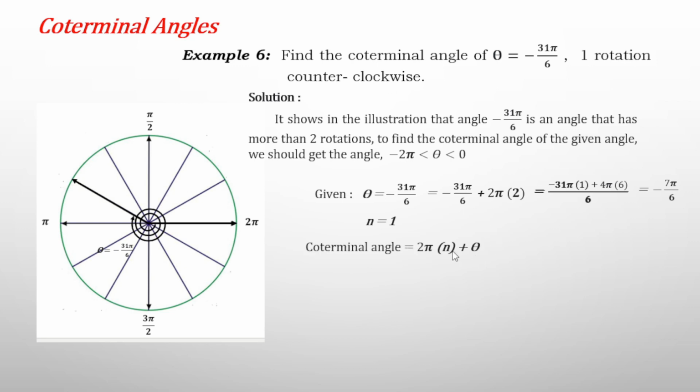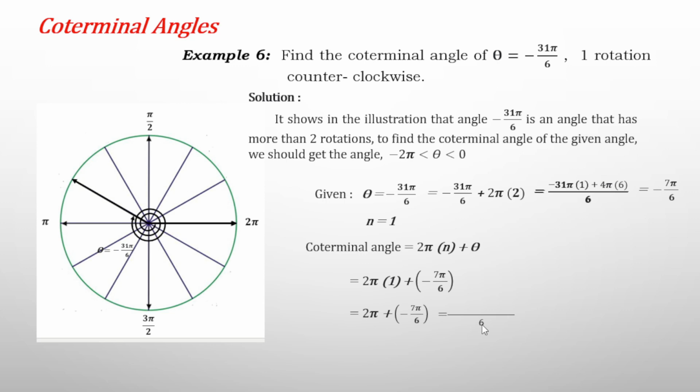And we're going to use the formula 2 pi times n plus theta. So as we substitute our n, which is 1, that becomes 2 pi times 1 plus the theta. Our theta is negative 7 pi over 6. So let us now find the LCD, since we are adding fractions. The LCD is 6.